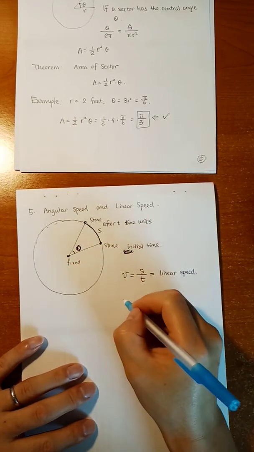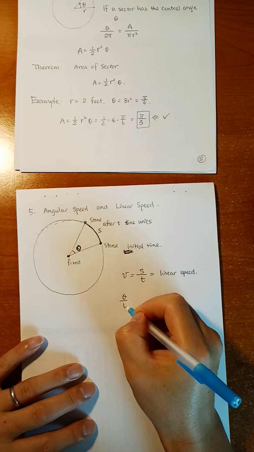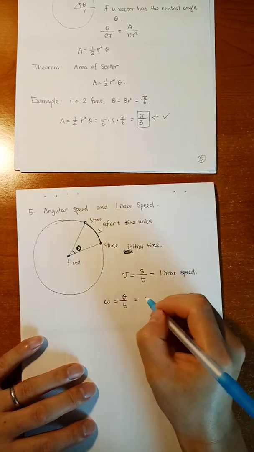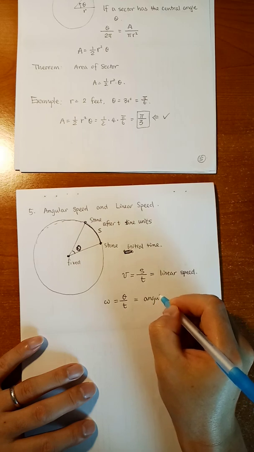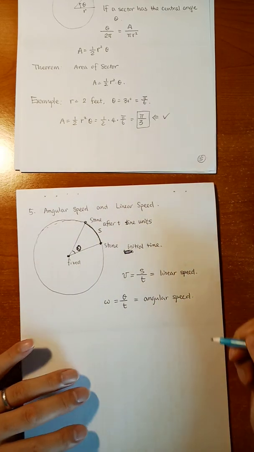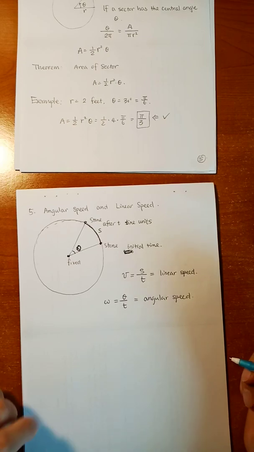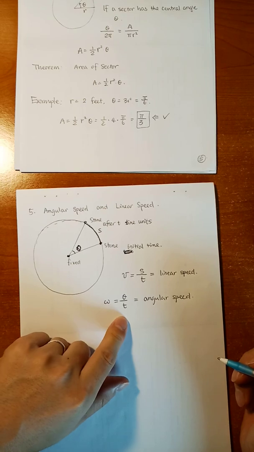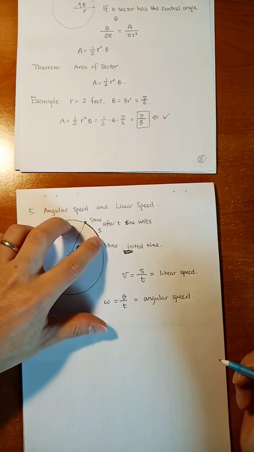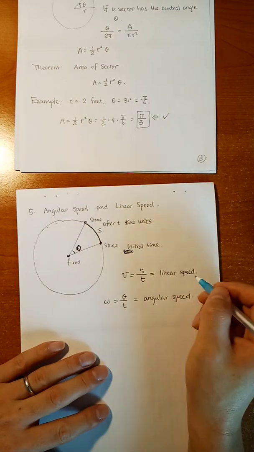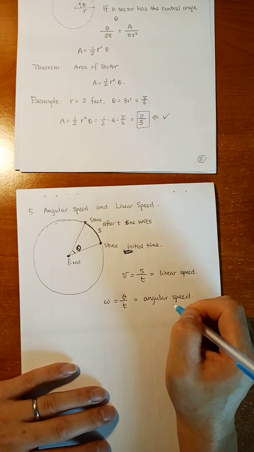So the angle over t, we use omega, and this is defined to be the angular speed. So the change of the angle over the time is angular speed. The change of the distance over time is linear speed. So we have two speeds. One is linear, one is angular.